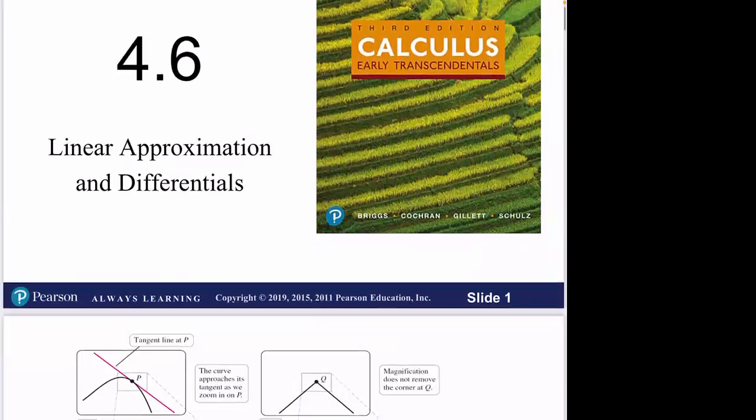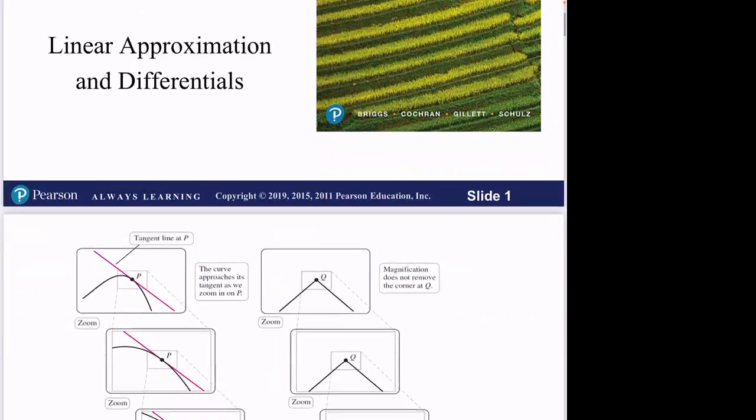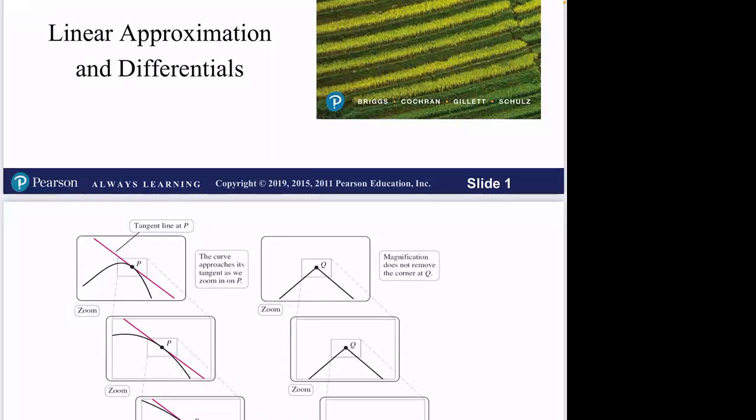So what do we do here? Look at the two curves on the very top. On the left hand side, you have point P on the curve.